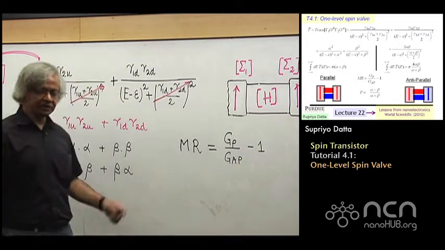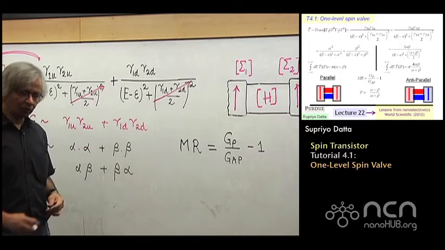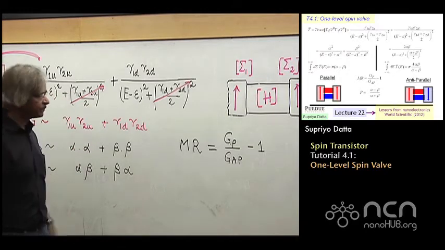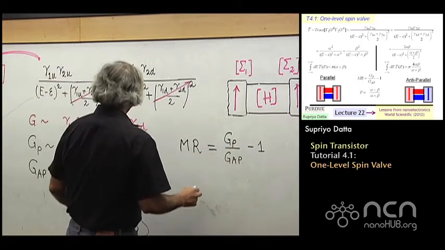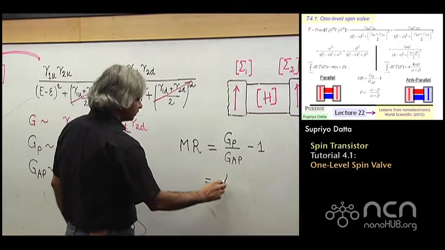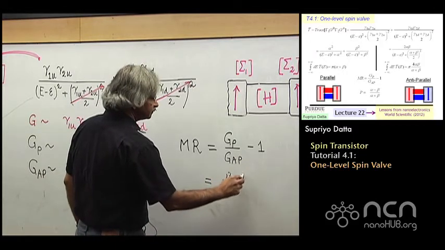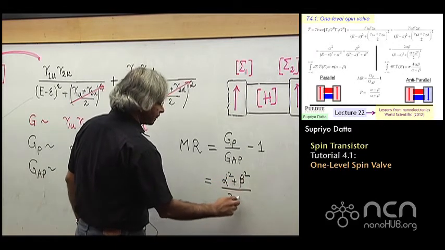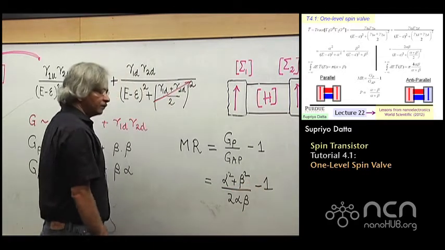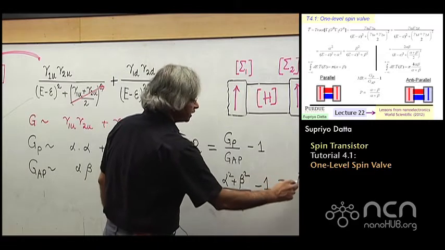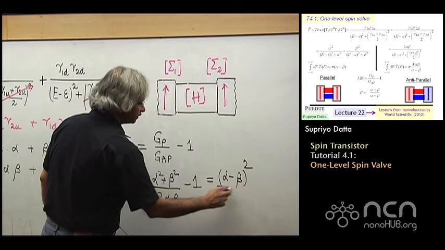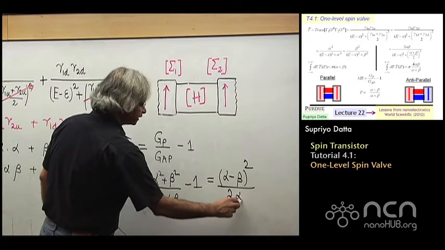I think that's how we defined it back in part 1, and that's what's in lecture 14 of the notes. Now, if you used what we just got, you'd get alpha squared plus beta squared divided by 2 alpha beta, minus 1, which is equal to alpha minus beta whole squared divided by 2 alpha beta.